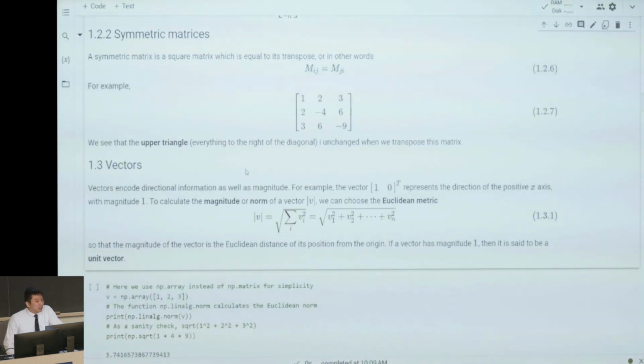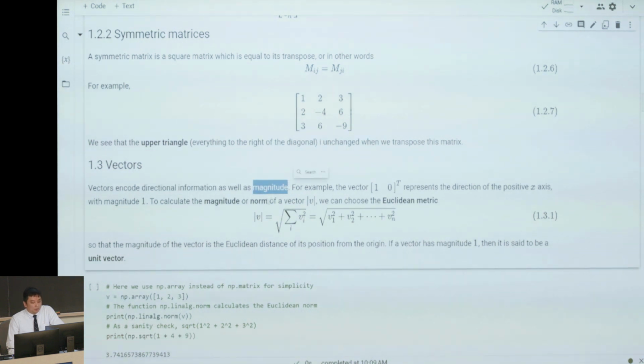Okay, and we've mentioned a column of numbers we can call a vector. And vectors, they come from physics and math, where you have some kind of directional information that you want to encode. For example, north, south, east, west in the plane. And these vectors include the direction.